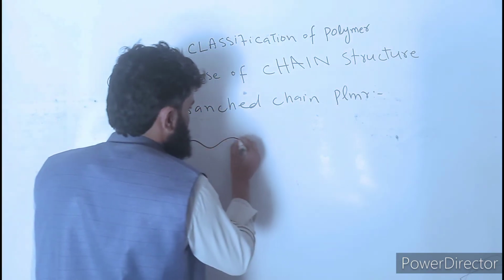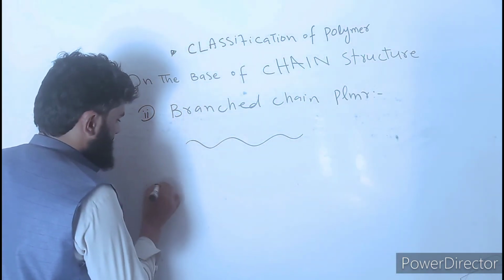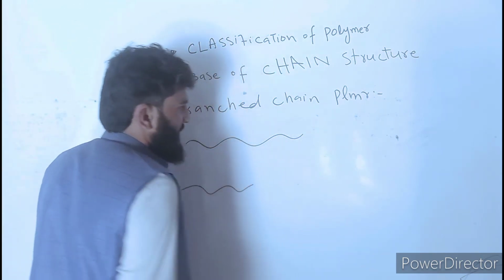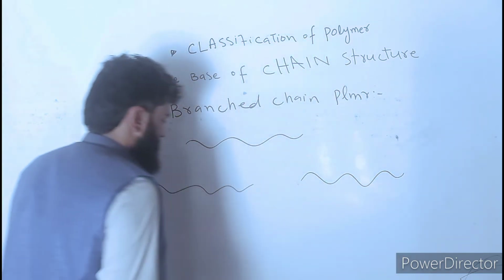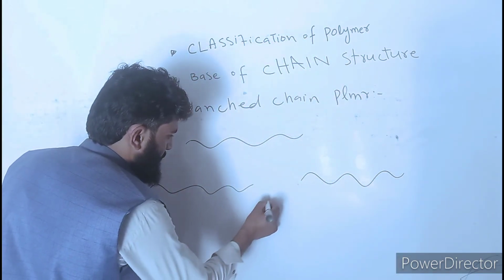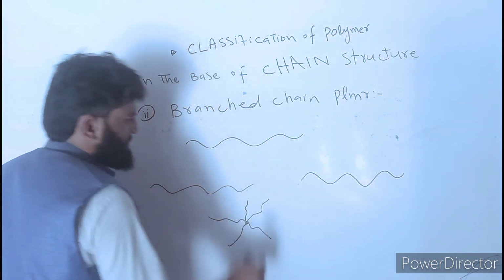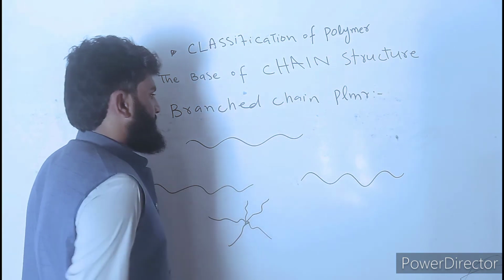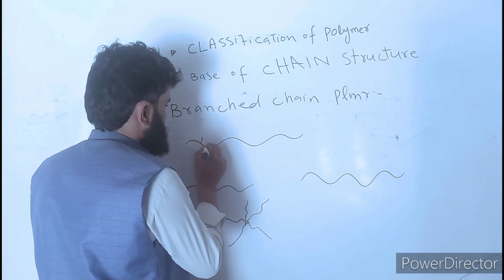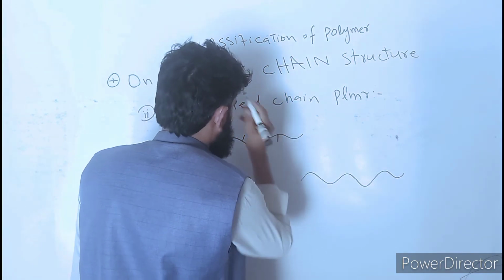this is a long chain, clear? And this is also a long chain, and this is also a long chain. So here, if there are such types of branches, clear?